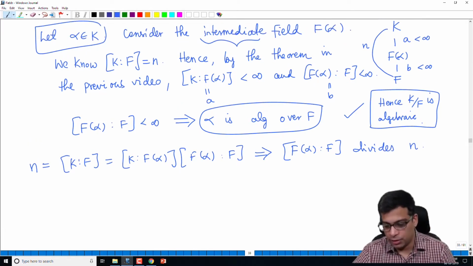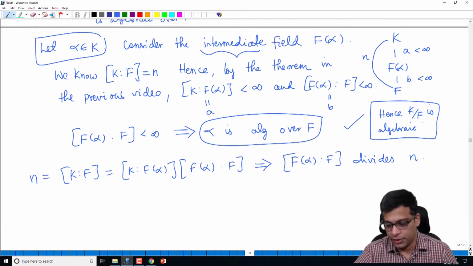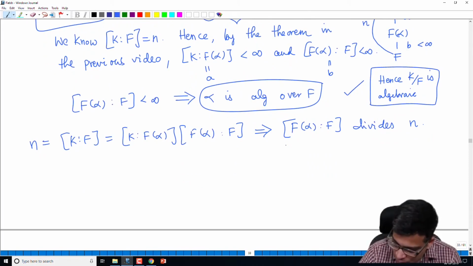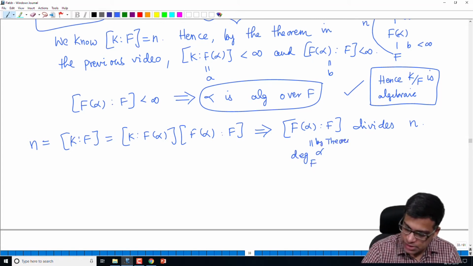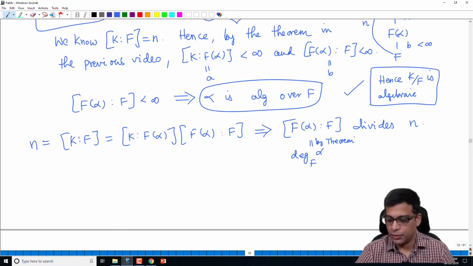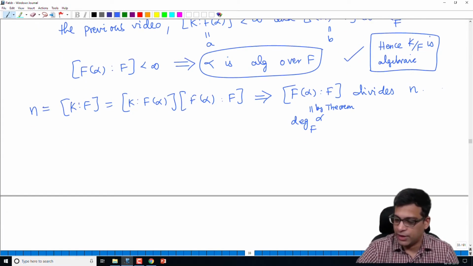But remember, the crucial theorem that we proved in the previous video is that this is exactly equal to the degree of alpha over F. This is by the first theorem of the last video. By that theorem, the degree of F(alpha) over F is equal to the degree of alpha over F. So that divides n. So this is the second statement. So we get what we want.